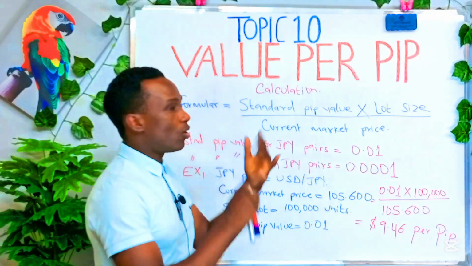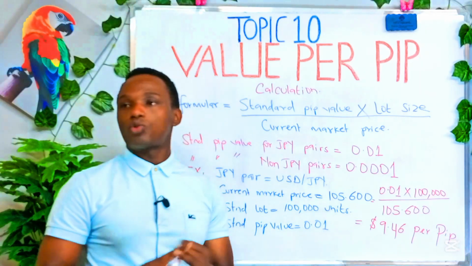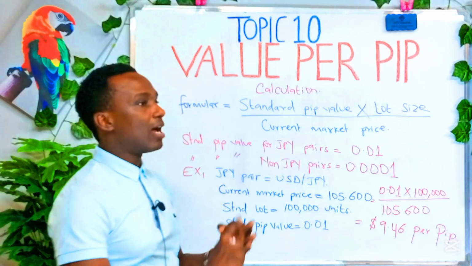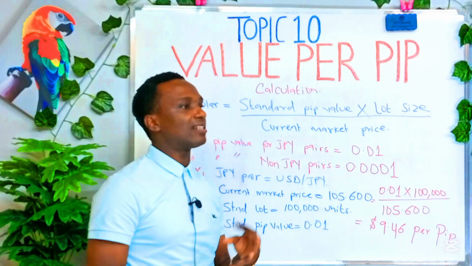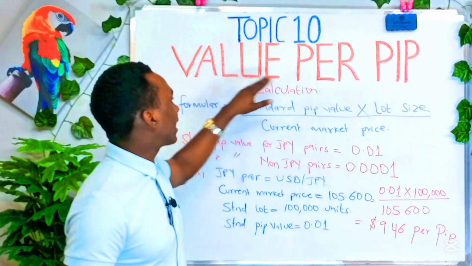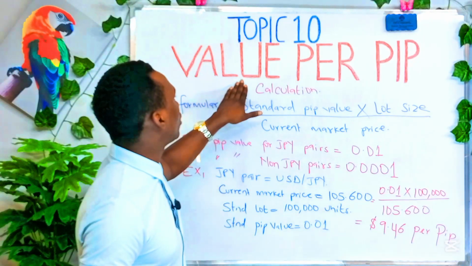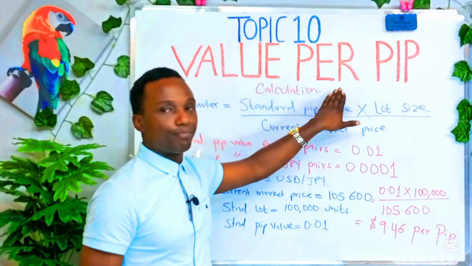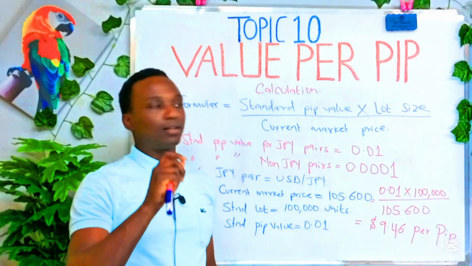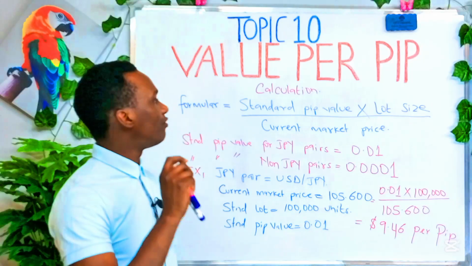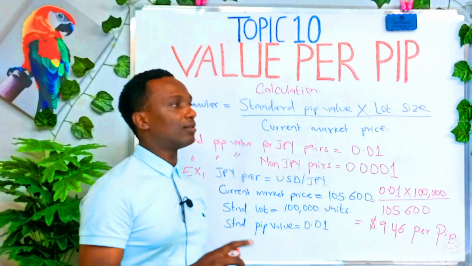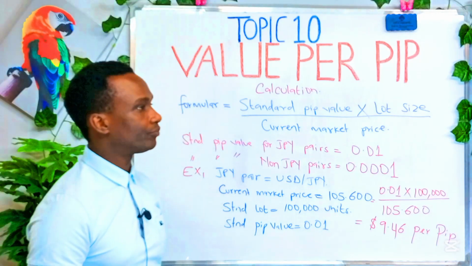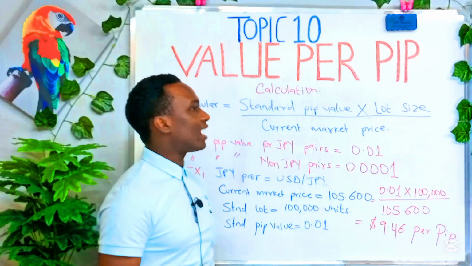You understand what a pip is, how to calculate pip difference, how to calculate your position sizes and your lot sizes, and again, you know how to calculate value per pip. You are going to be very good when it comes to risk management. Okay? Good. Can we look at another example?